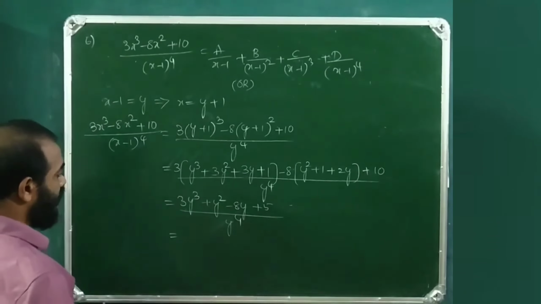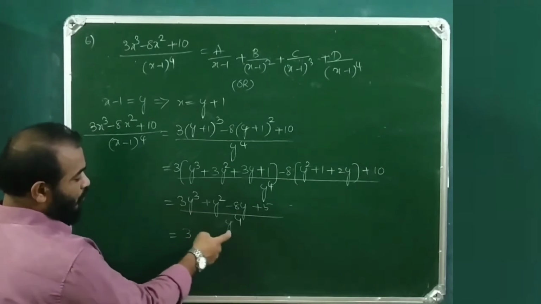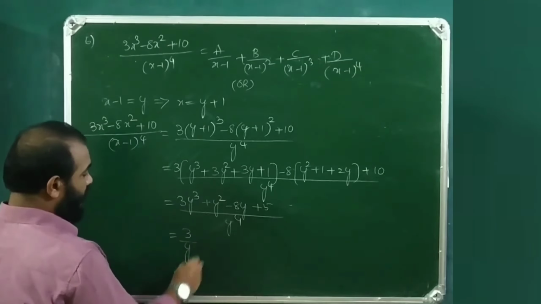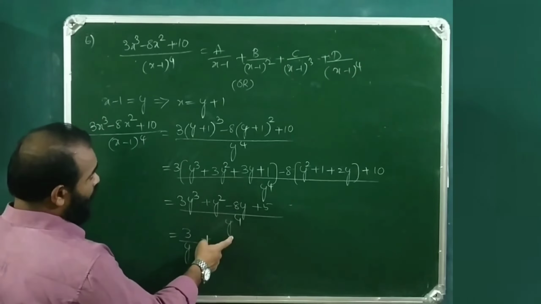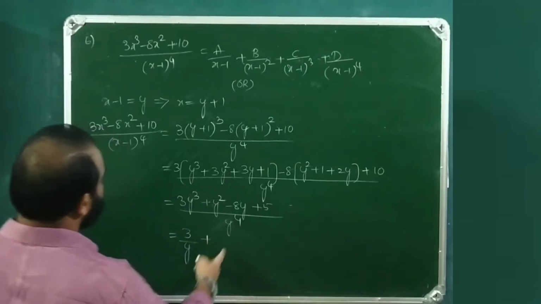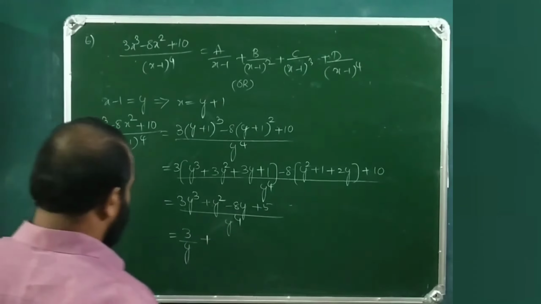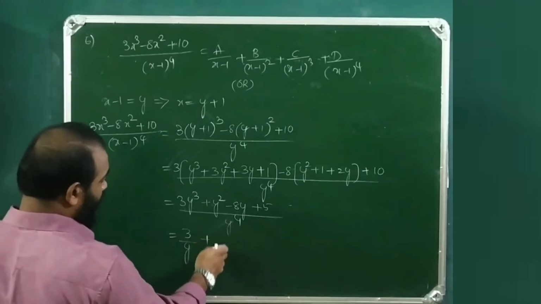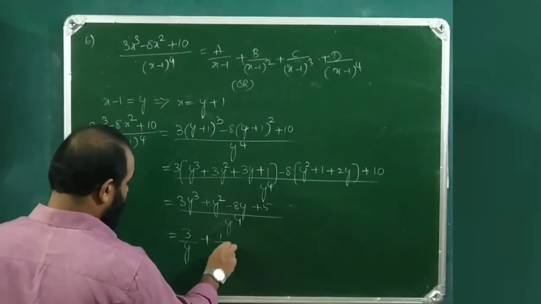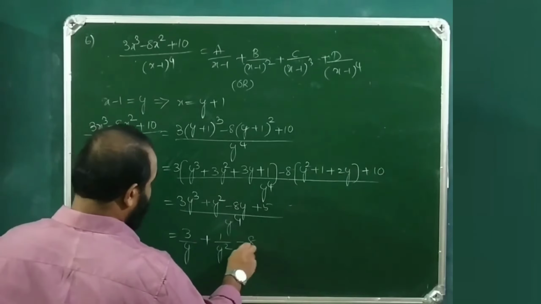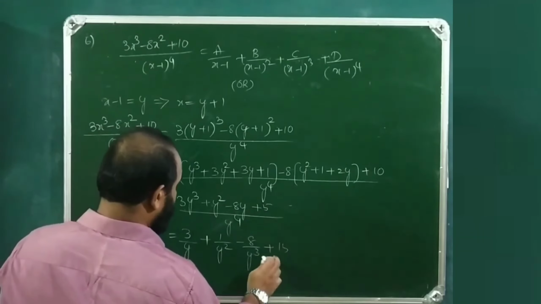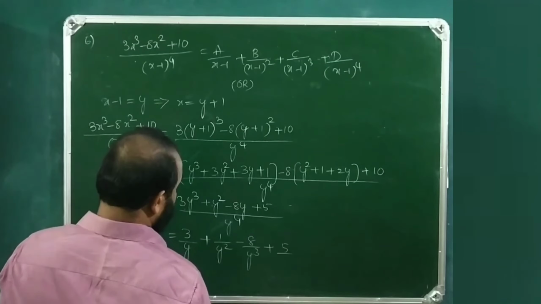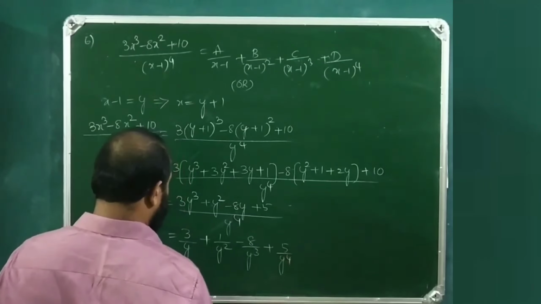This is equals to 3 y cube by y power 4, that is 3 by y, plus y square by y power 4, which is 1 by y square, minus 7y by y power 4, that is minus 7 by y cube, plus 5 by y power 4.